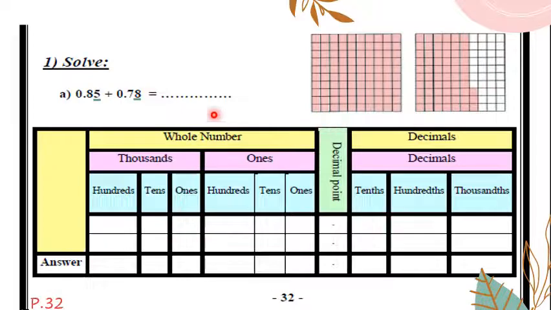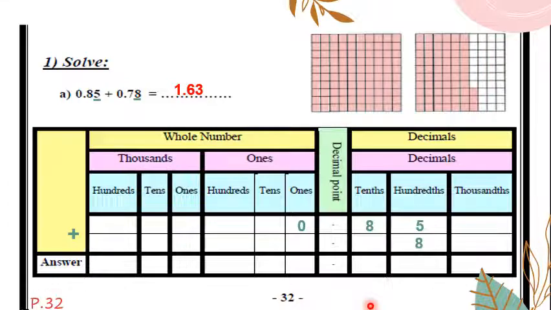Now let me make adding for these two numbers by using the place value chart. First I'm gonna write 0 under the ones and decimal point under the decimal point, 8 in the tenths and 5 in the hundredths, plus 0.78.